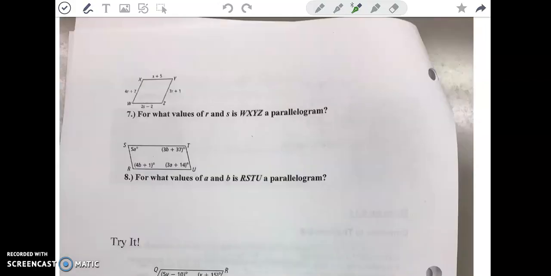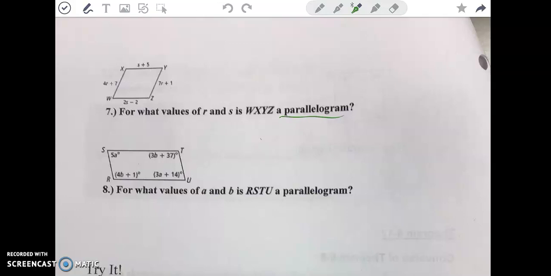So number 7, we have a parallelogram, and it wants us to find the value of R and S. Well, if it's a parallelogram, we know that opposite sides are the same, or congruent. So we know that these two are congruent, and we also know that the opposite sides XY and WZ are also congruent. So let's set those up.